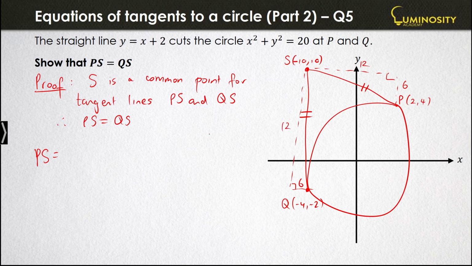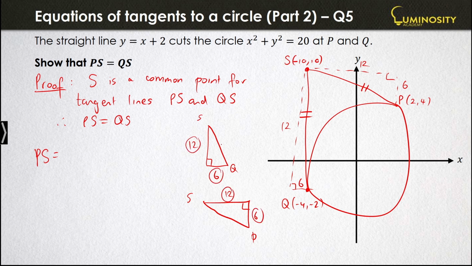So we have two right-angled triangles with lengths 6 and 12, one for SQ and the other for SP. Can you see the dimensions are the same in each triangle? When I use the Pythagorean theorem, the hypotenuse lengths are going to be the same. Therefore, PS is equal to QS.